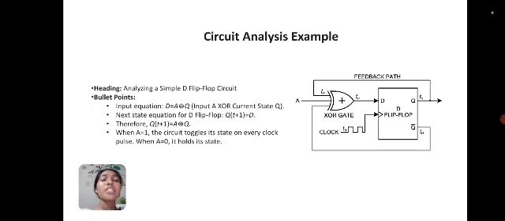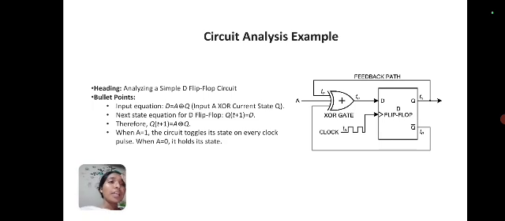Input equation D equals A XOR Q, input A XOR current state Q. Next, the equation for the D flip-flop: D equals Q(t+1), so Q(t+1) equals D. Therefore Q(t+1) is equal to A XOR Q. When A is equal to 1, the circuit toggles state on every clock pulse. When A is equal to 0, it holds the state.